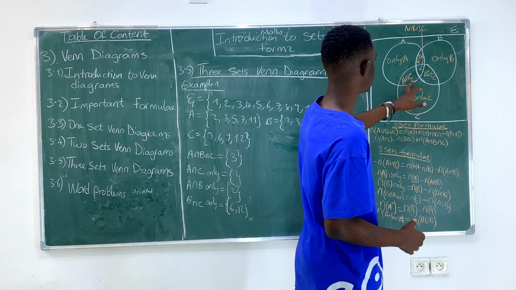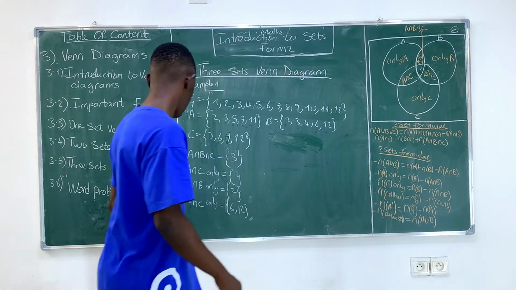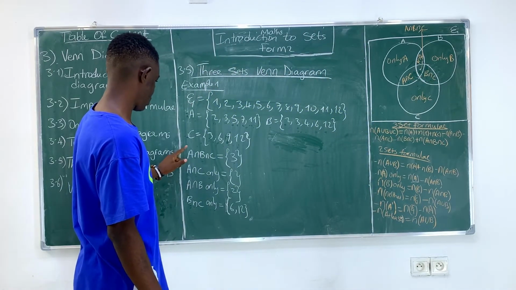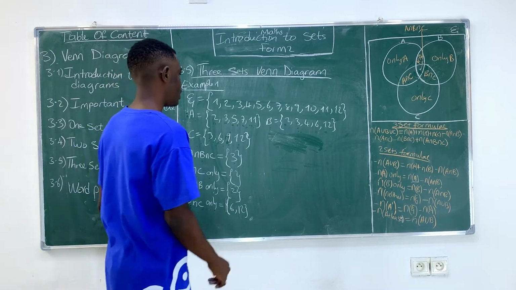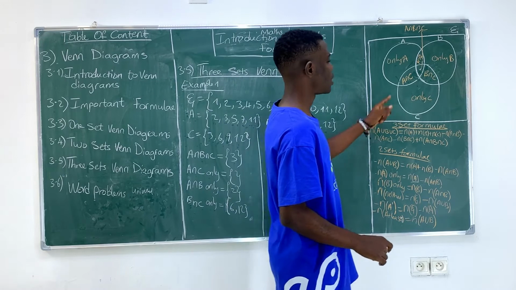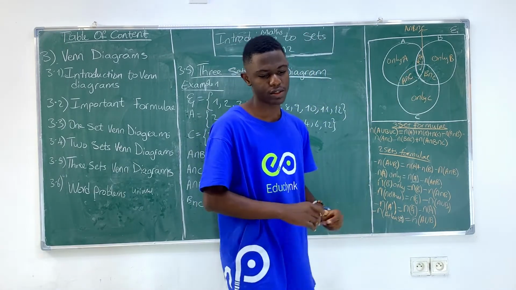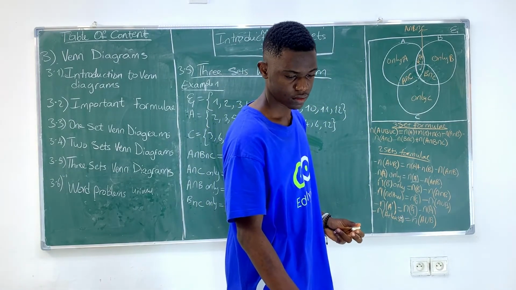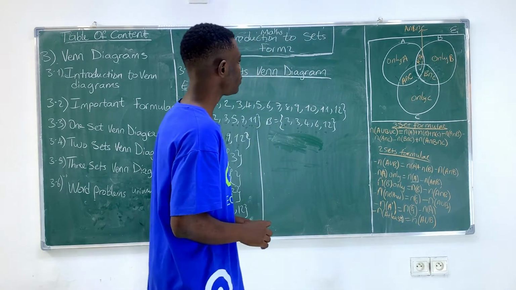I've done this. Okay, we've done all the intersections. So now I start doing A only, B only, C only.